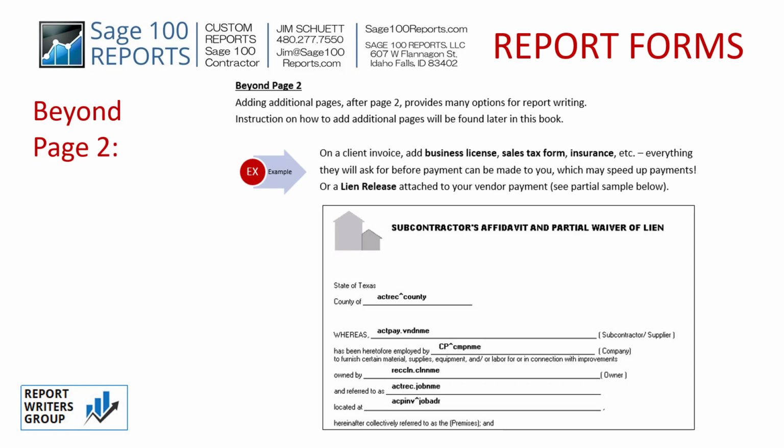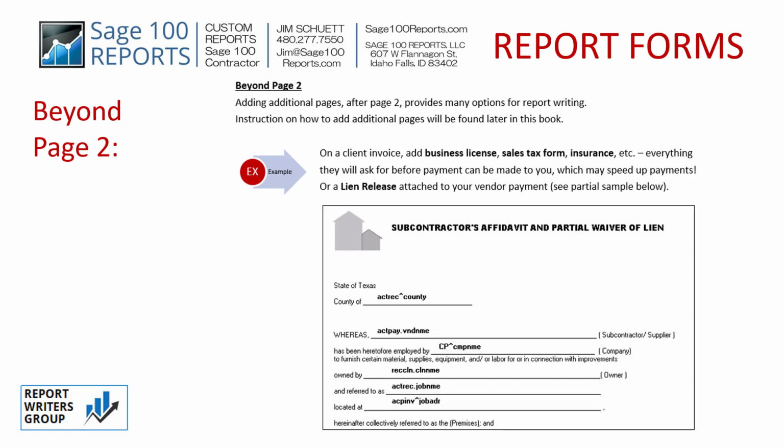On a client invoice, for instance, business license, sales tax forms, insurance, etc., everything they will ask for before payment can be made to you, which may speed up their payments, is important to add to the report form so that when they get their billing, the items that go along with it that they require before they'll pay are already attached.